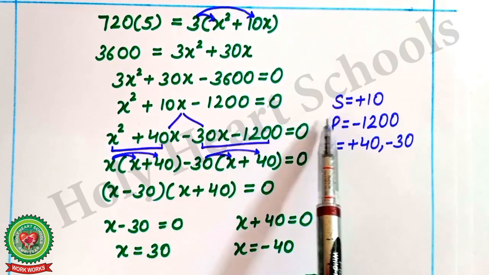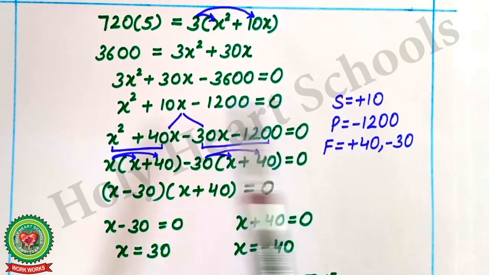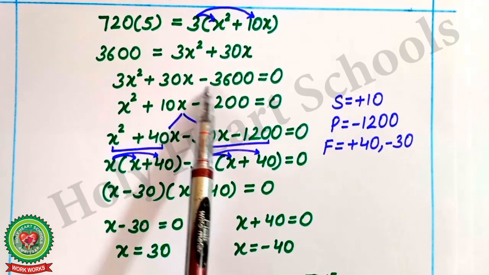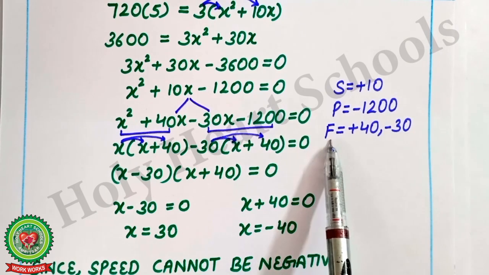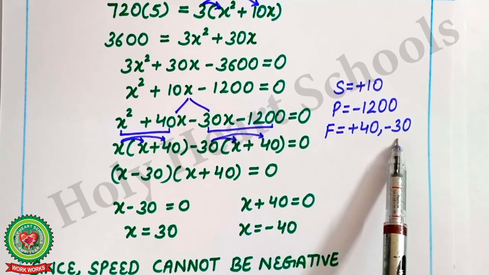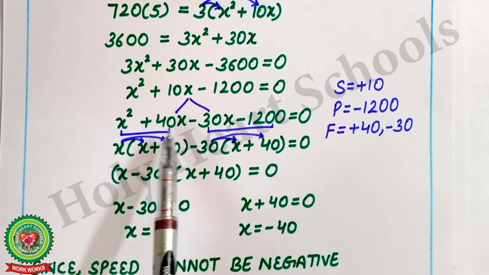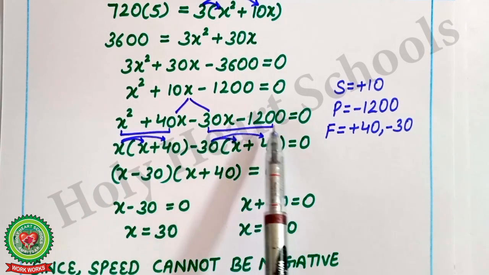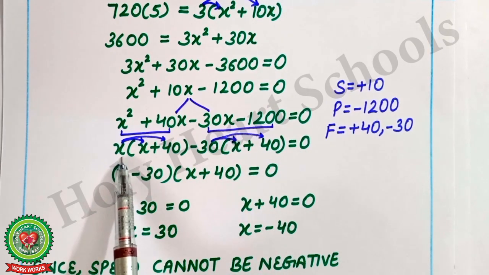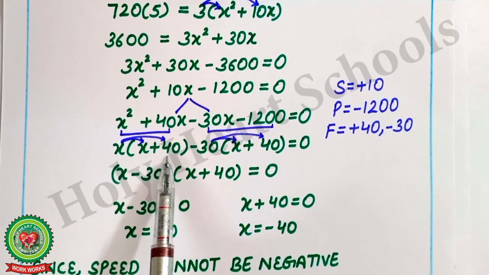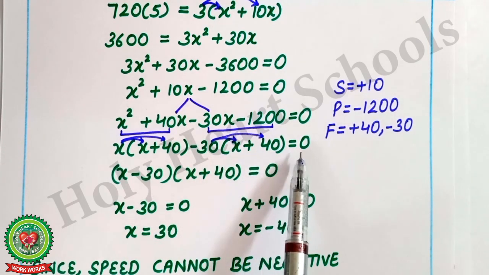According to the factorization method, the sum is plus 10 and the product is 1 into minus 1200, that is minus 1200. So the factors are plus 40 and minus 30. After splitting the term, x square plus 40x minus 30x minus 1200 equals 0. Taking x common, x into x plus 40 minus 30 into x plus 40 equals 0.